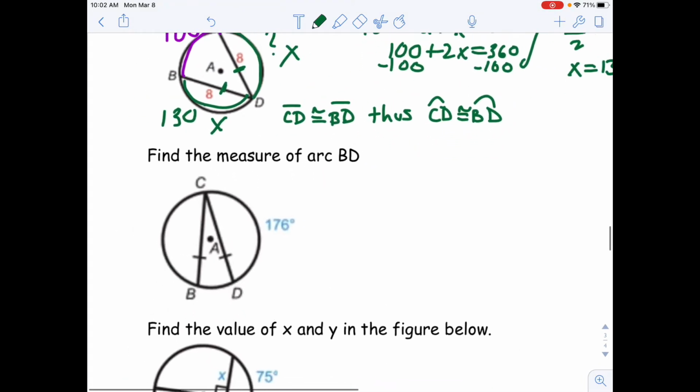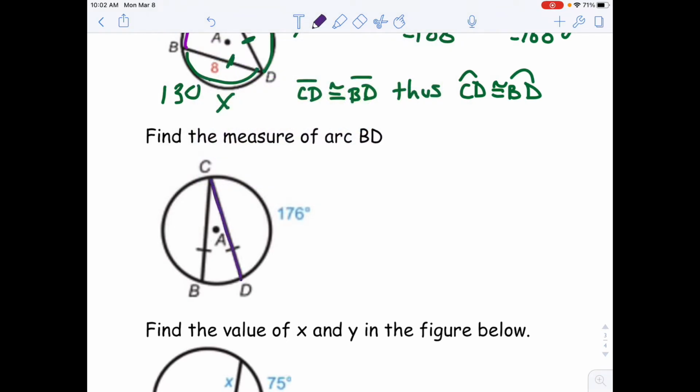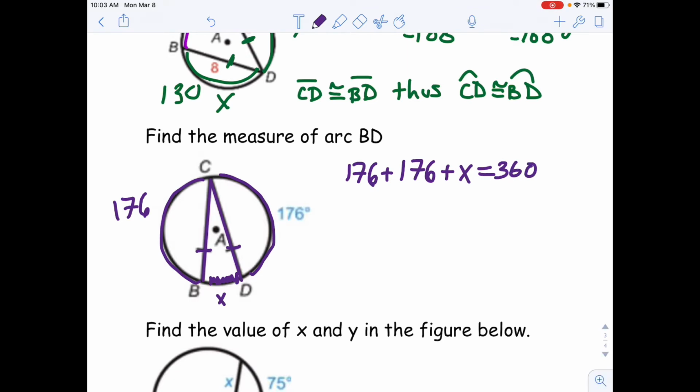Same exact question but different. Notice how arc CD is congruent to arc CB. Thus, this arc is congruent to this arc, so that's also 176. Finding this arc right here, BD, we'll call that X, and we have 176 plus 176 plus X equals 360 degrees.